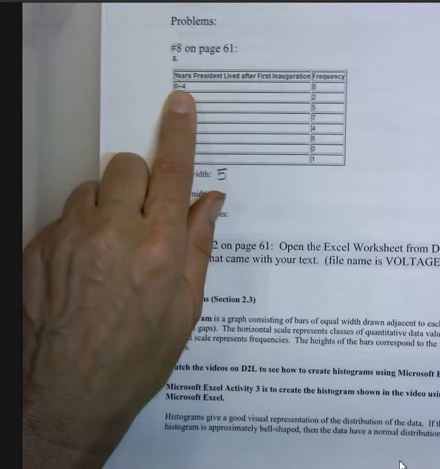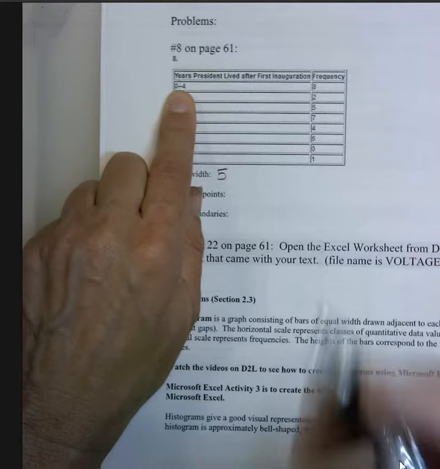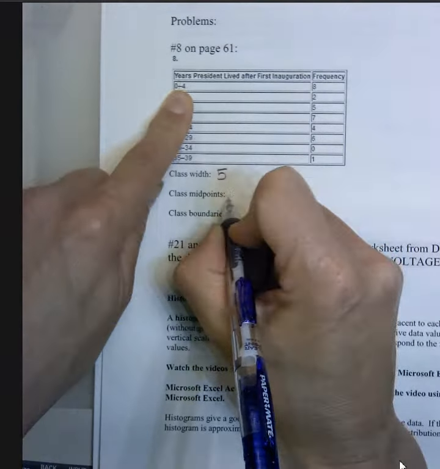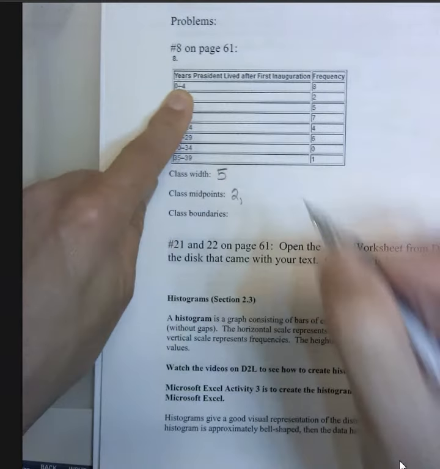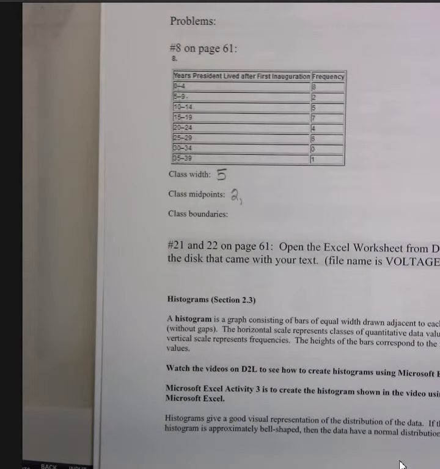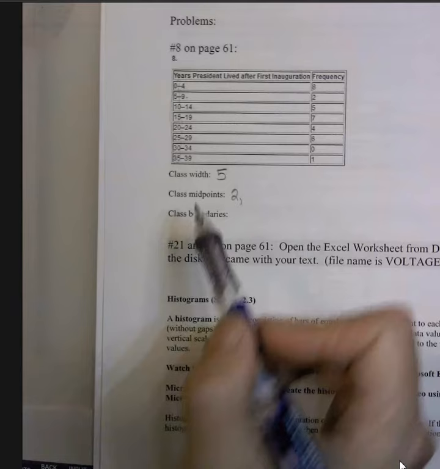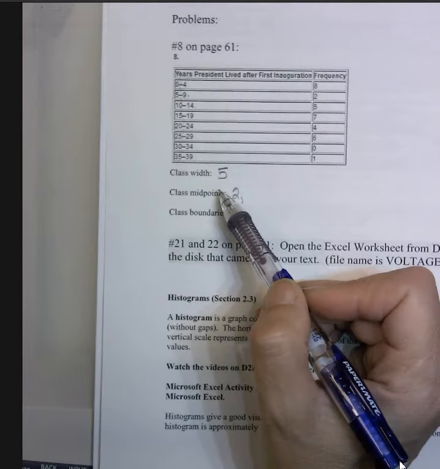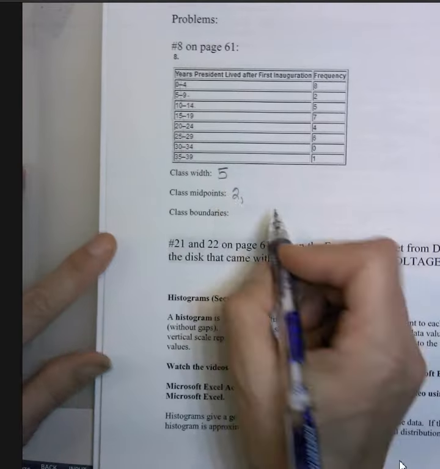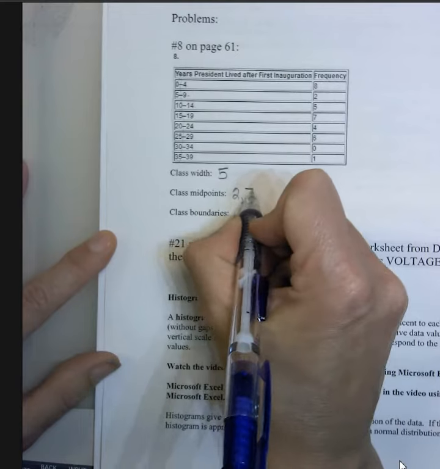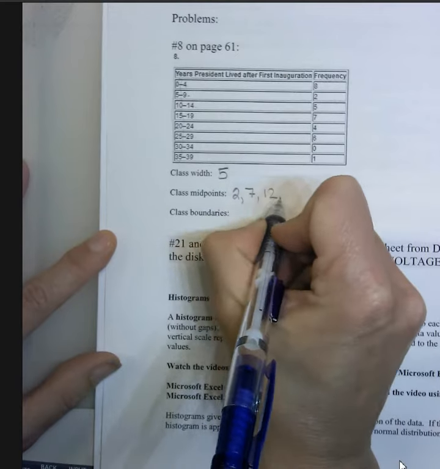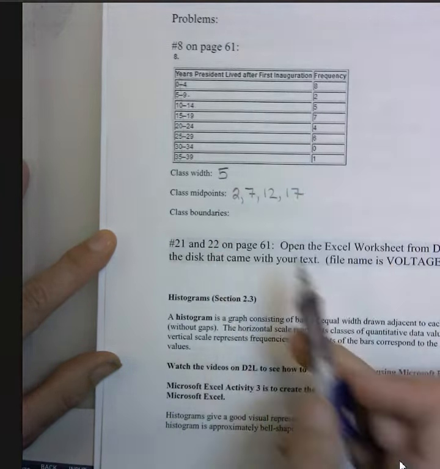So 0 to 4, what's the number halfway between 0 and 4? 2. So the first class midpoint is 2, and then you can keep doing that with every single class, or you know that if the class width is 5, everything always increases by 5. So the next one would be 5 larger, and then 5 larger again, and then 5 larger again. You just keep going up by 5.